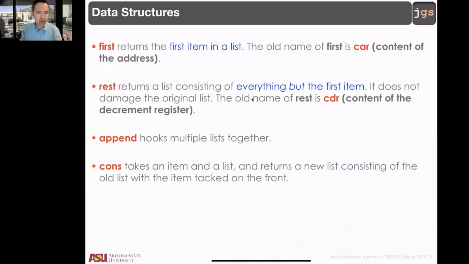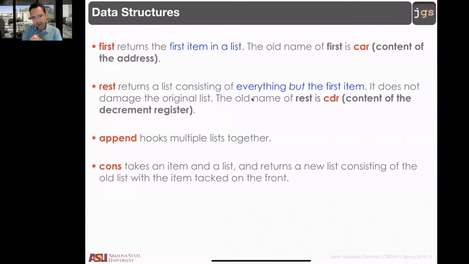In any data structure, you want to add more elements, remove elements, get all the elements, get a particular element. Common operations for data structures. Here, the common operations for lists in Lisp. And we cannot cover everything. We cannot cover all the API, but we can cover the most important, the classical ones.